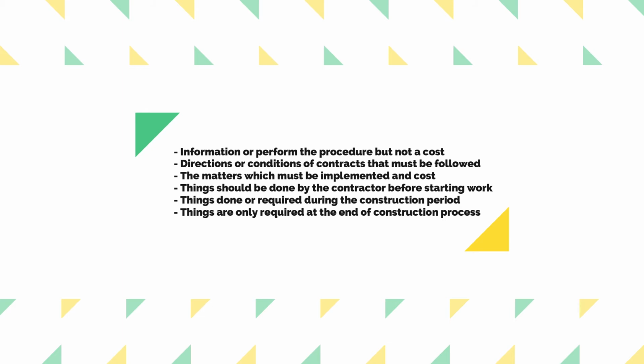This section is an essential part to be priced by the tenderers as part of the project cost. In general, it refers to matters that are required or performed by the contract before, during and after the completion of the project, including information or performing the procedure but not the cost.